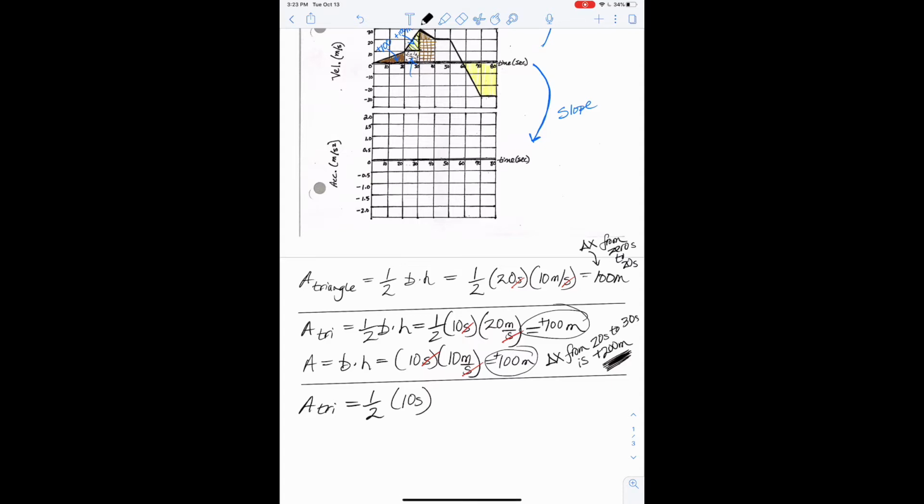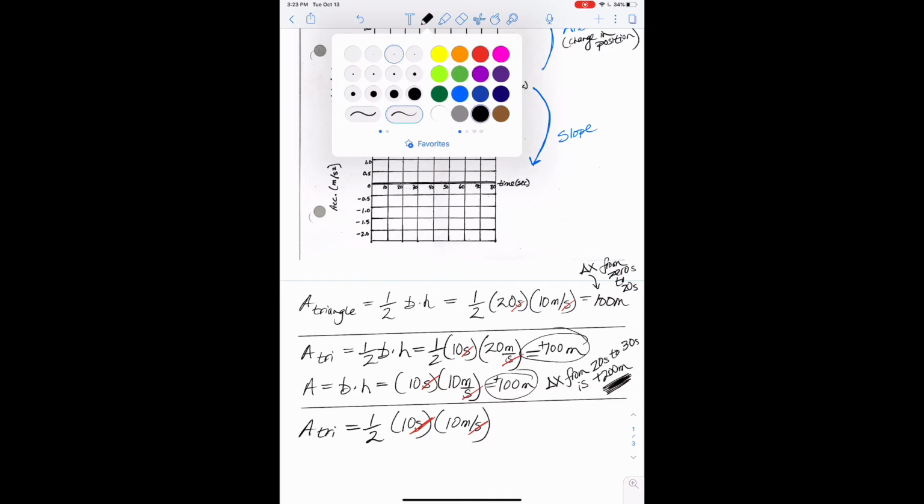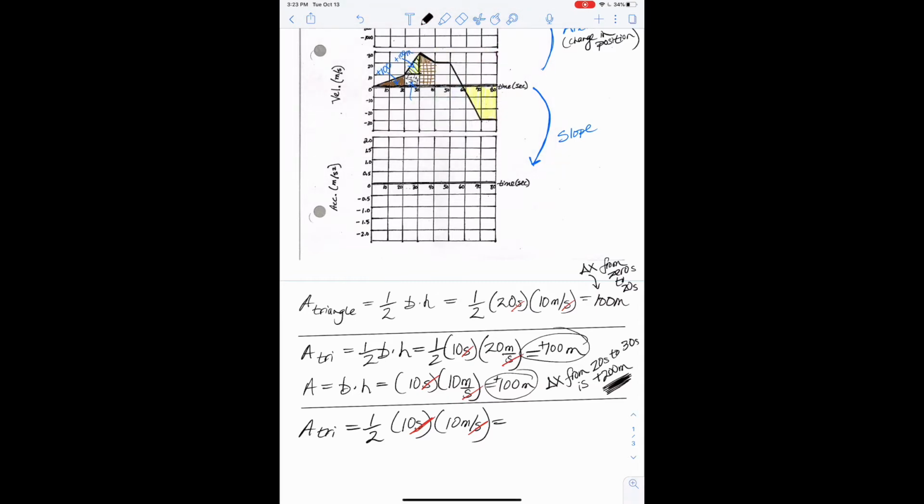The height looks like 10 meters per second as well. So we know the seconds will cancel. We can go ahead and say that this is equal to half of 100, which is 50 meters. Positive again. Let's get the area of the rectangle, which is equal to base times height.